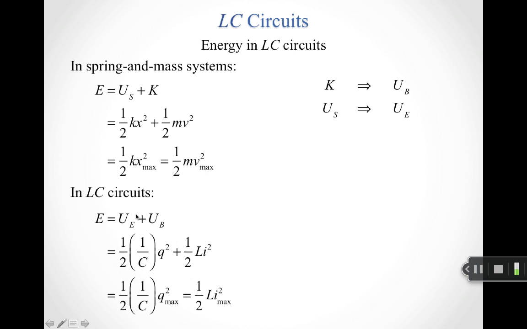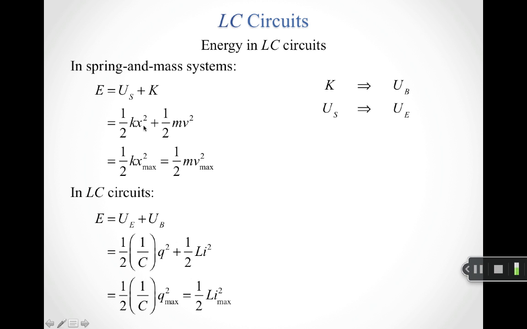And so for our LC circuits, what we've got is the total energy within our system is just the sum of the electrical and magnetic potential energies. Again, for our electrical potential energy, we said one way we can write that is 1/2 q squared over C. So all I've done is just pull out the over C term. So I've got 1/2 times 1 over C. We said that's just like k.